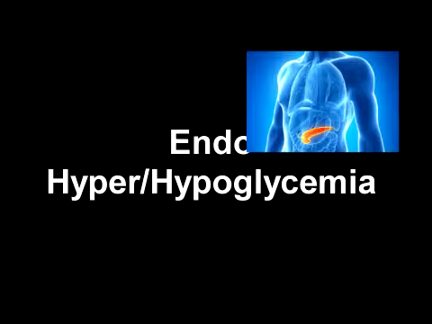C-peptide is that peptide that was cleaved off of pro-insulin to form mature insulin. Okay? So, C-peptide level will be low anytime insulin level is low, provided the insulin is coming from the pancreas. Okay?